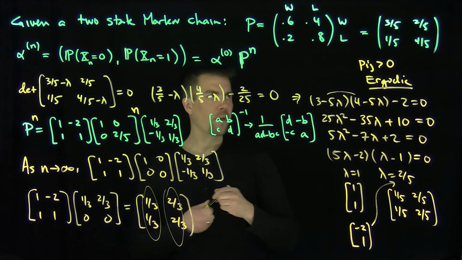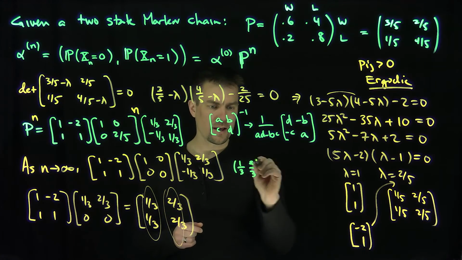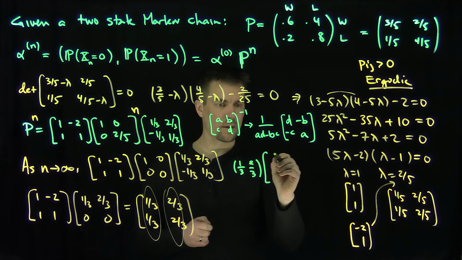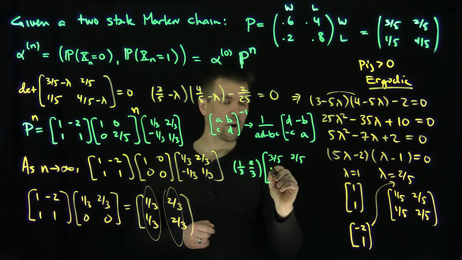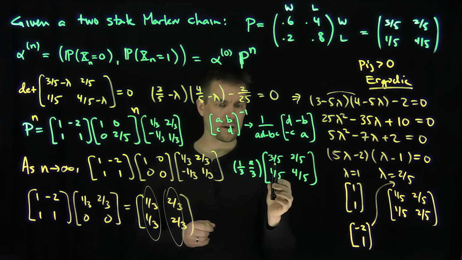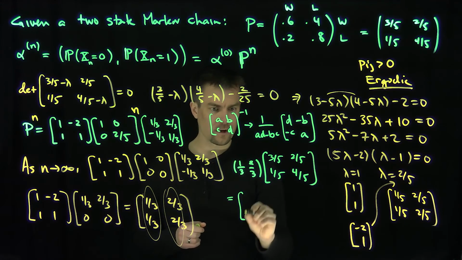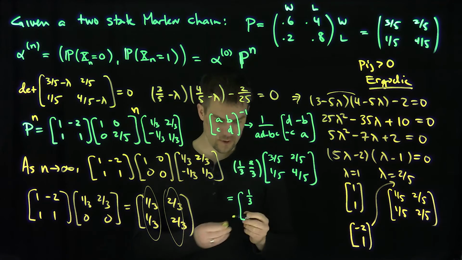Well, if I take 1/3, 2/3, and hit it on the right with the transition matrix 3/5, 2/5, 1/5, and 4/5, what's going to happen over here? Let's write it very carefully.